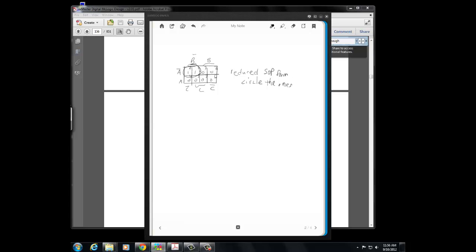Now with that we've covered all the 1s in the circuit, and we can write our equation by looking at what rows and what columns this group is in. So this is in the A naught row, and it's in the B naught column. So there we derived the same answer, A naught B naught, as we did with the visual inspection and with the Boolean algebra, now just using this visual graphical tool called a K-map.